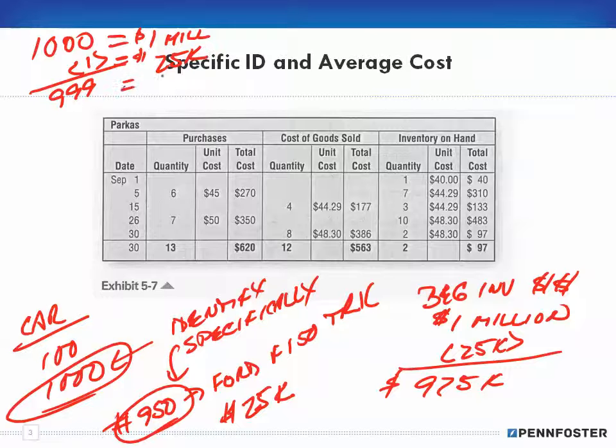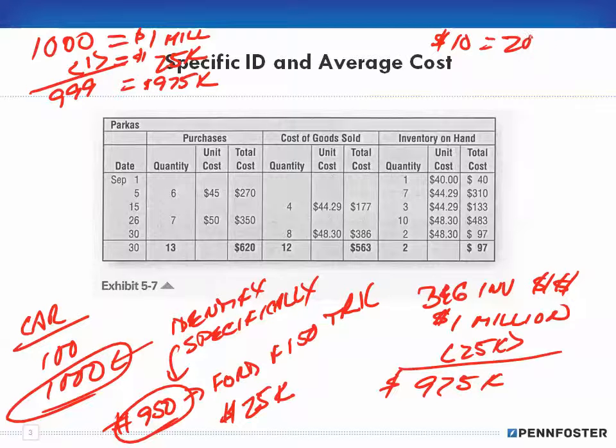So now my 999 vehicles are worth 975,000. Now let's say the truck pulls up and they drop off 10 more vehicles, and the value of those 10 more vehicles is, let's say, I don't know, 200,000.